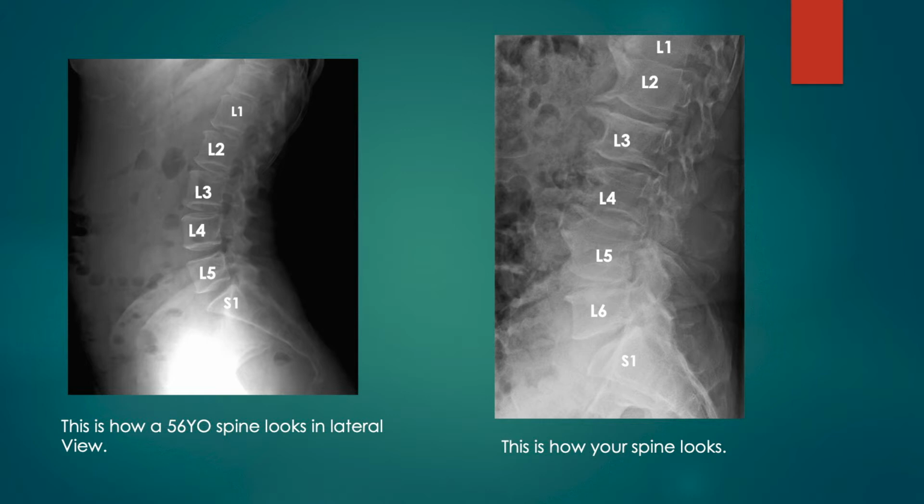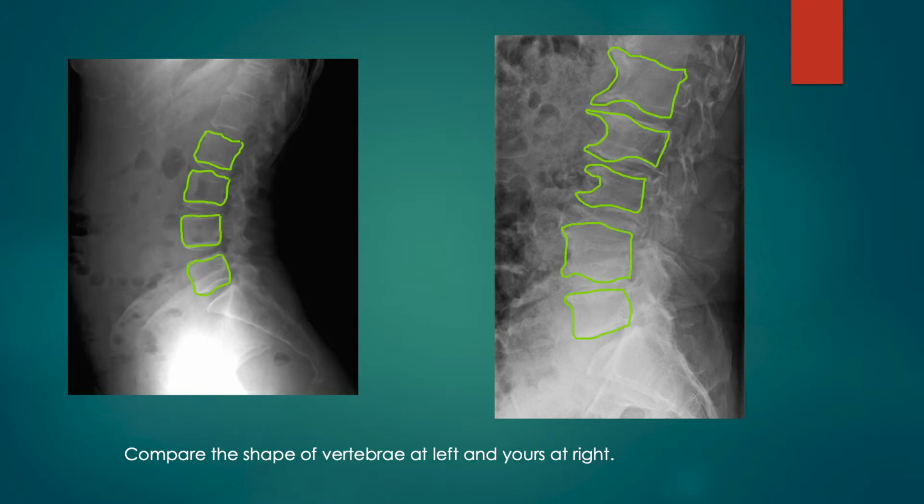In the left image, I have drawn in a green pen the normal shape of the vertebral bodies at the lumbar spine. And in the right, I did the same with the green pen to demonstrate the shape of this degenerative lumbar spine from Mr. Kinsella.